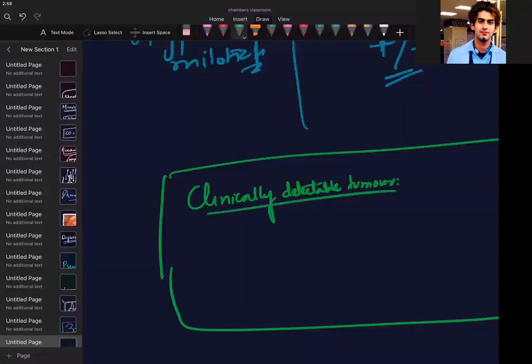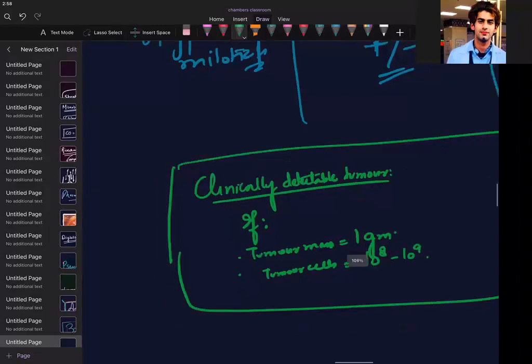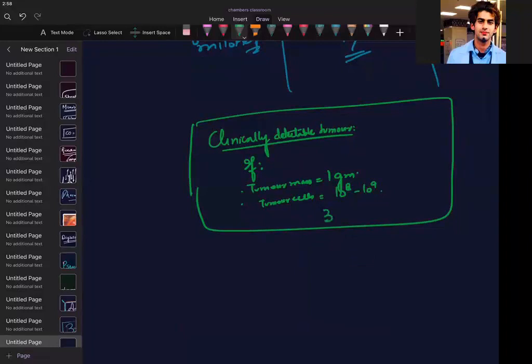So clinically detectable tumor when, write like this, if tumor mass is equal to 1 gram, if tumor cells, this is what you should remember on the tip of your tongue, 10 to the power 8 or 10 to the power 9, or there are 30 cell doublings.